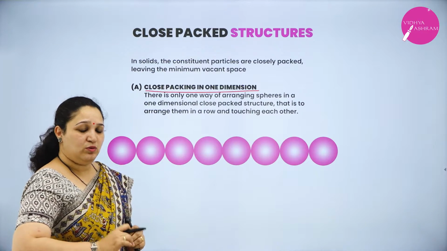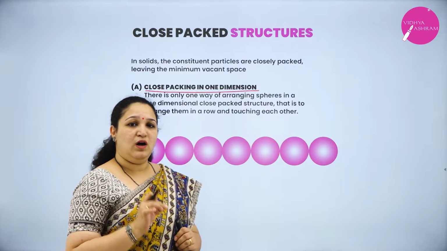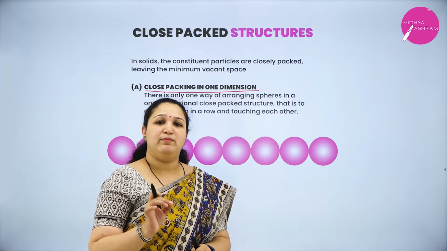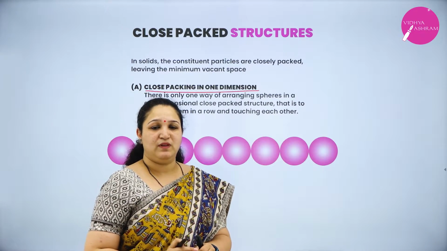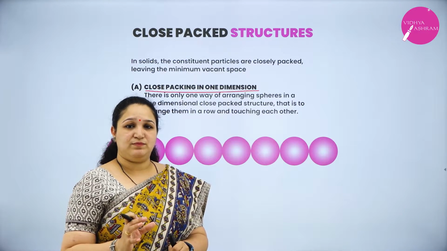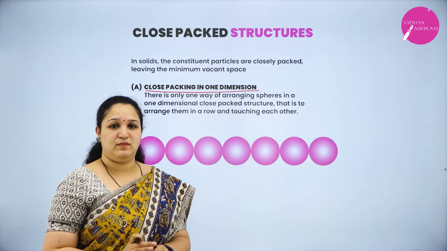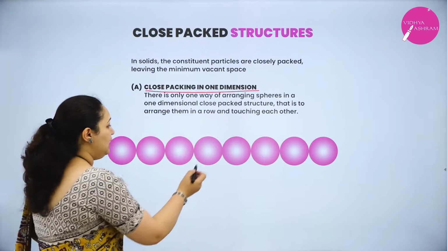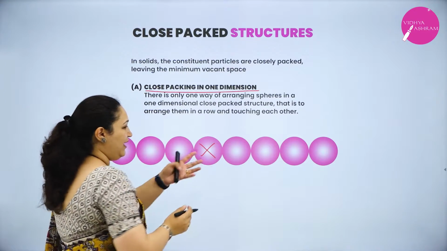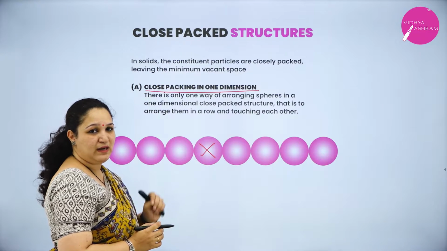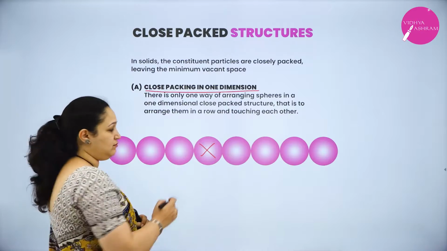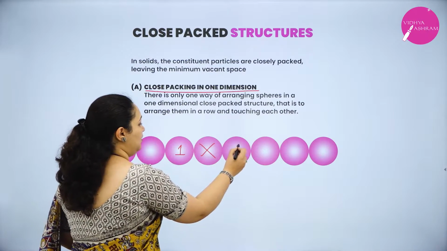Now, I want you all to know a new term called as coordination number. What do you mean by coordination number? The nearest neighbors of a particle is called as the coordination number. Now, if I consider this is the particle, any particle I can take, how many neighbors does this particle have? 1, 2.